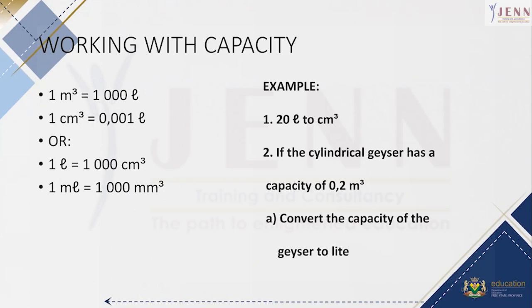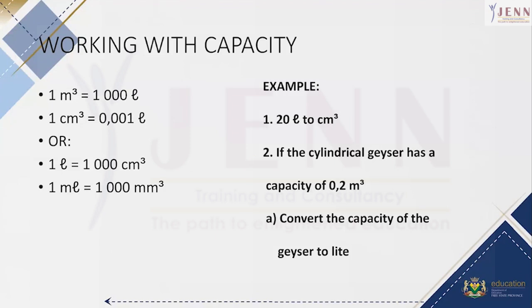I'm starting with capacity. With capacity, we know that a cubic meter is equal to 1,000 liters, and it's a problem with this one, especially when a learner is asked to convert a volume in cubic meter to a volume in cubic centimeter.